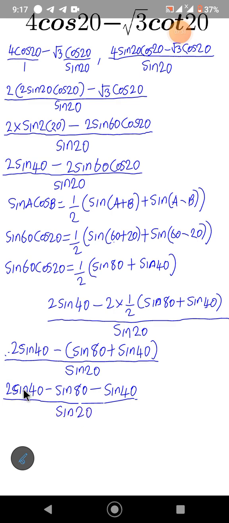Now 2 sine 40 we minus this sine 40 here, so we're now left with sine 40 minus sine 80, everything all over sine 20.